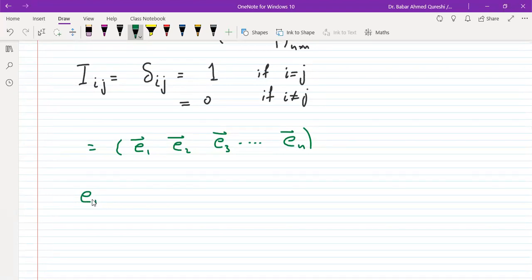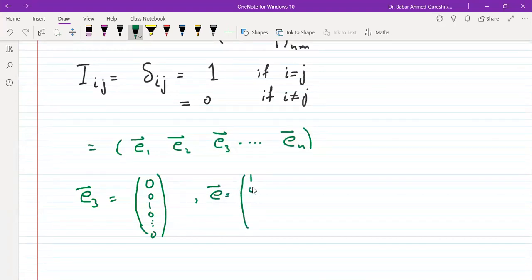For example, e3 is 0, 0, 1, 0, 0. e1 is 1, 0, 0, 0.